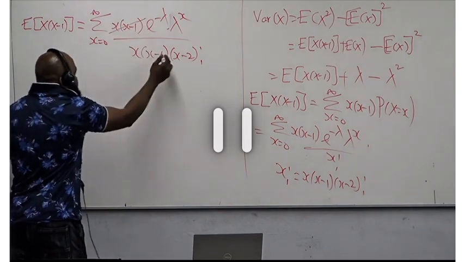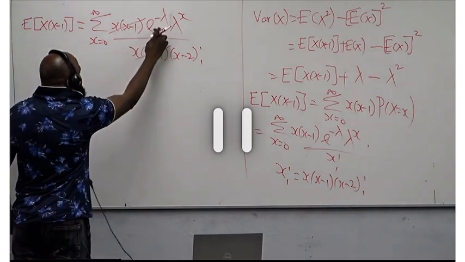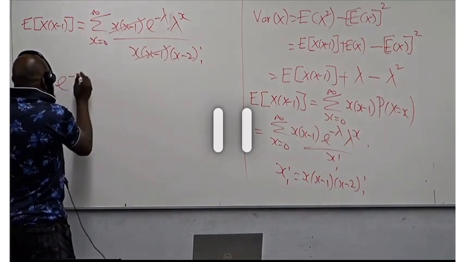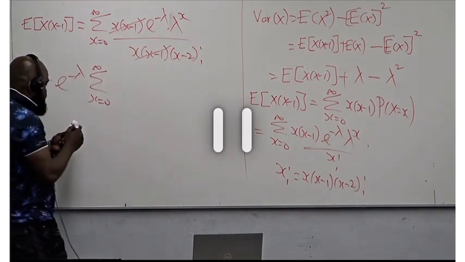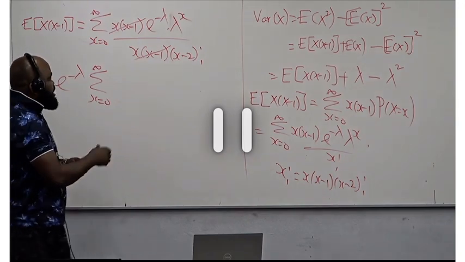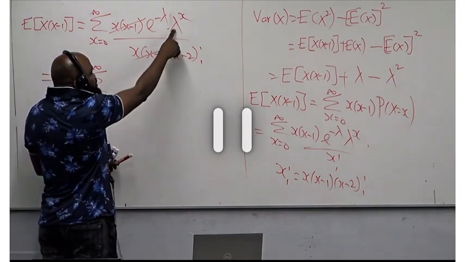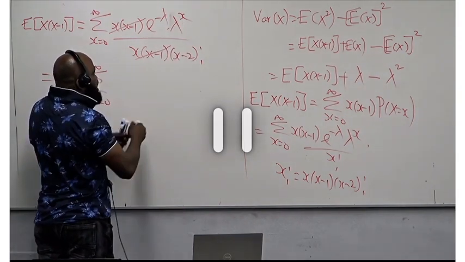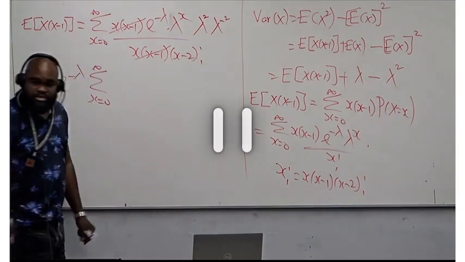Oh my God, this guy canceled that guy, right? And if this guy canceled that guy, I'm going to bring this here, and I'm going to be left with x minus 2 factorial. And this is lambda x. So I can introduce lambda squared and lambda raised to power minus 2.